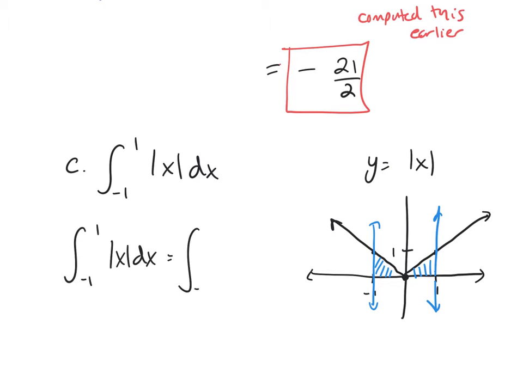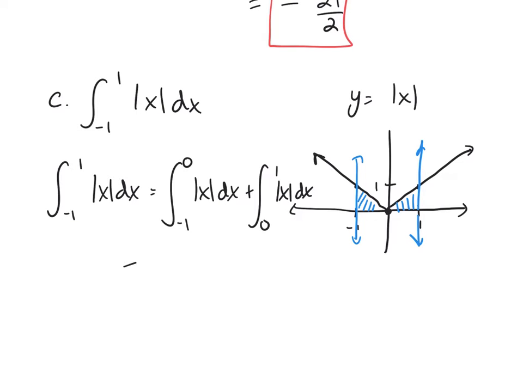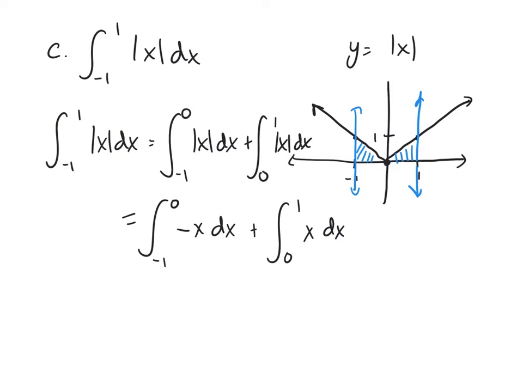It's the integral from -1 to 0 plus the integral from 0 to 1. And then in this first one, x is a negative number, so this is -x. And the second one, x is positive, the absolute value of x, so it would just be x. So then you compute these two integrals here.